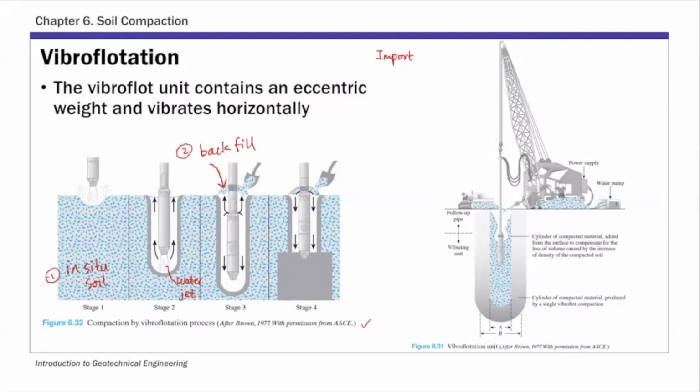Okay. So when you use this technique, the most important factors that may affect the result of this compaction are the grain size distribution of the in situ soil, and the second is the grain size distribution of the backfill material, so GSD.